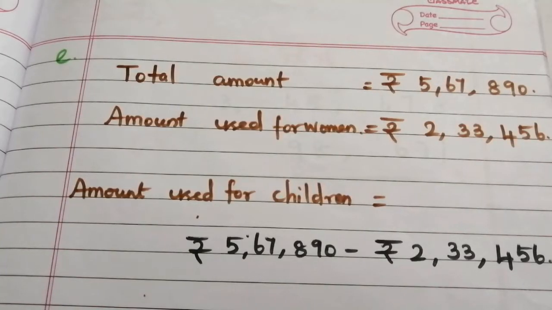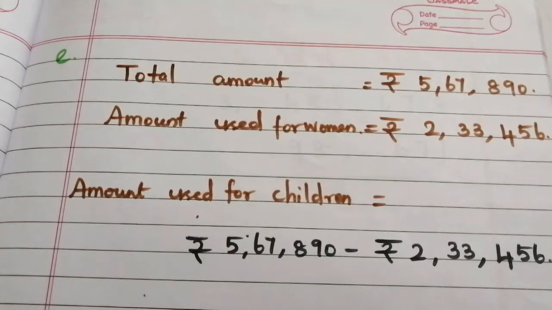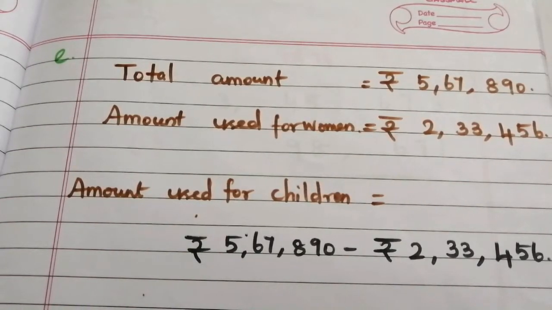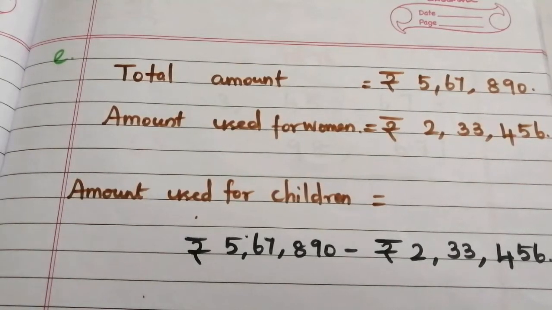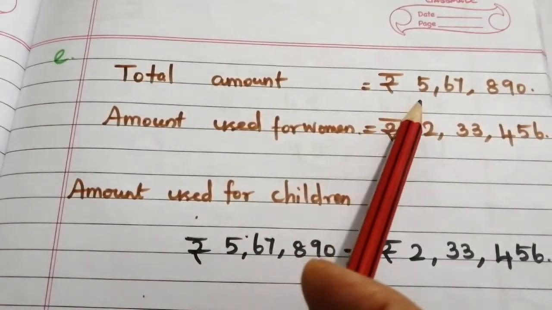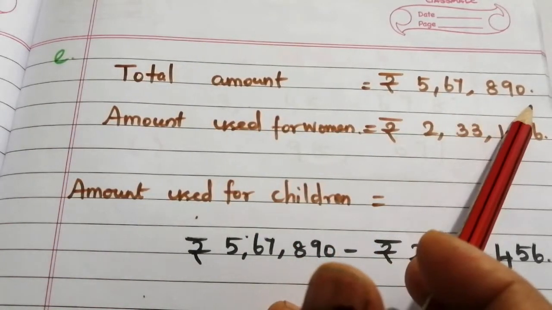And children, you have to remember one thing. You have to subtract the smaller number from the bigger number only. You can't subtract a bigger number from a smaller number. So in our statement part, the first statement is total amount is equal to rupees 5,67,890.